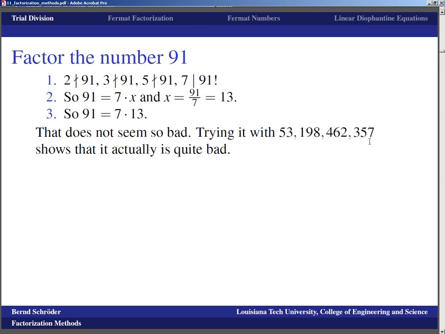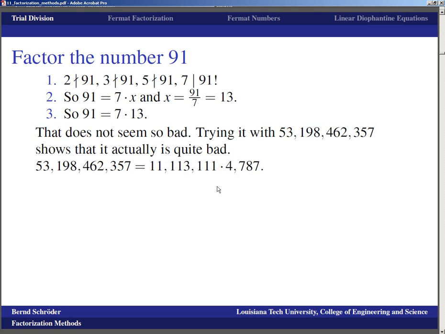53,198,462,352. Good luck, because that actually shows it's quite bad, because this number consists of these two factors: 11,113,111 and 4,787. No, I didn't invent that number.